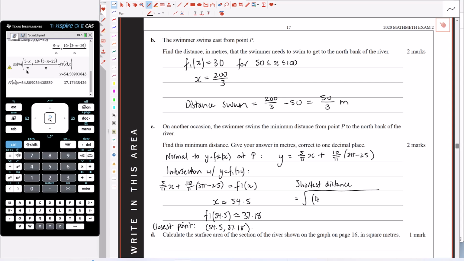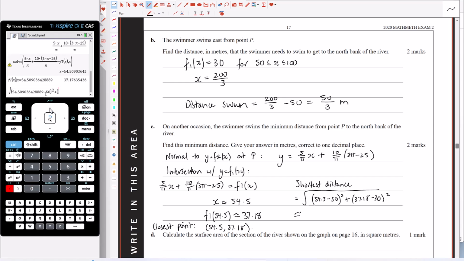So that is the square root of 54.5 minus 50 squared plus 37.18 minus 30 squared. Okay, so square root of, oops, sorry, struggling with the CAS today, of that value minus 50 squared plus that value minus 30 squared.